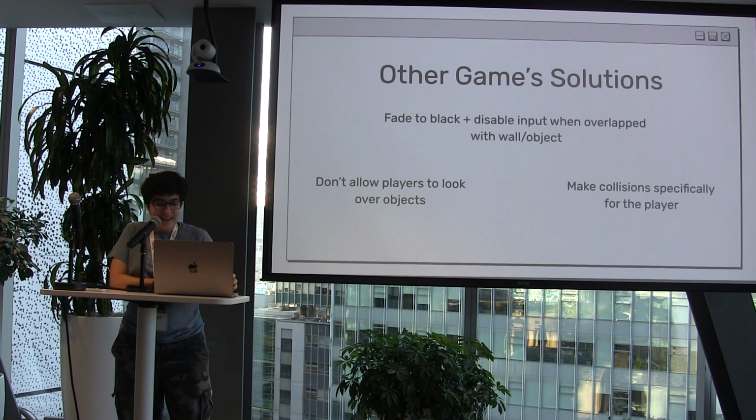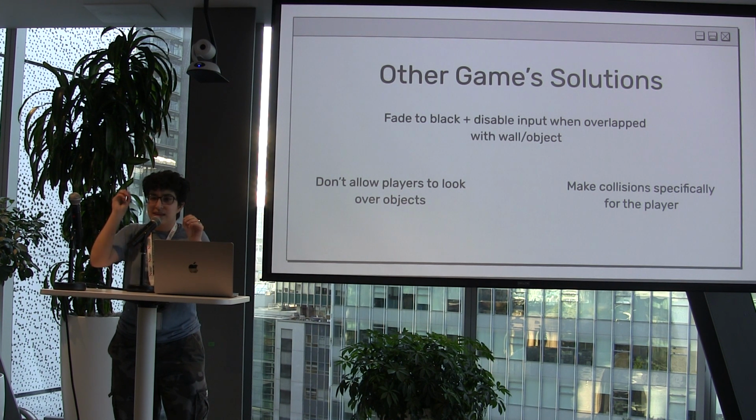I don't know. It's a solution. Then you can just stop players from looking over objects, or you can make collisions specifically for the player. But the problem with collisions specific to the player is if you start throwing objects in the game at those weird collisions, you'll start to break the illusion. You'll see that those collisions are very janky.